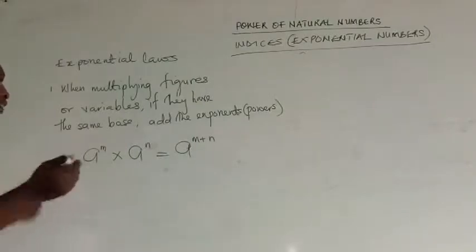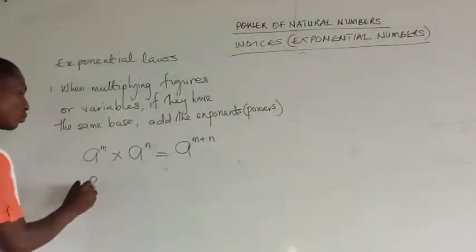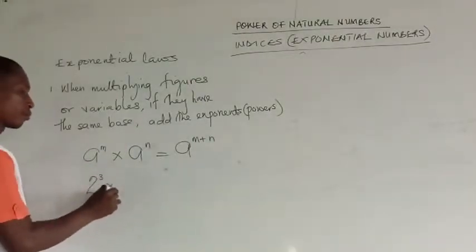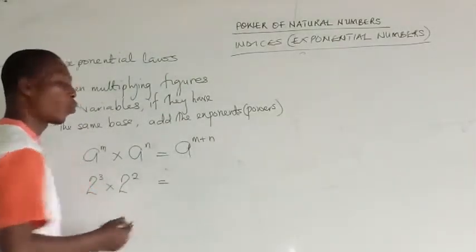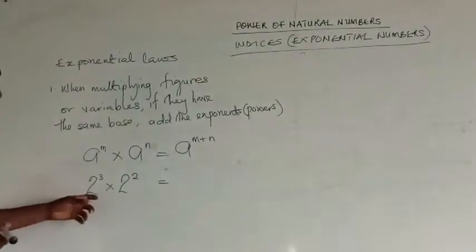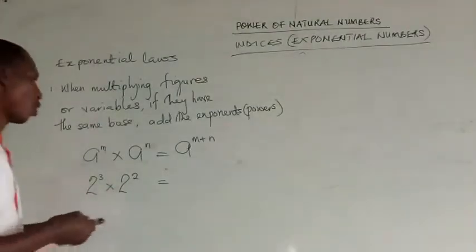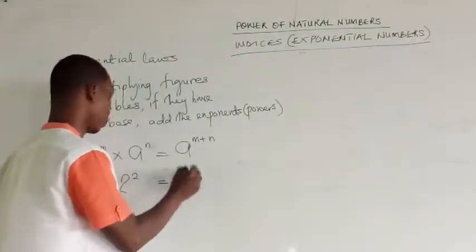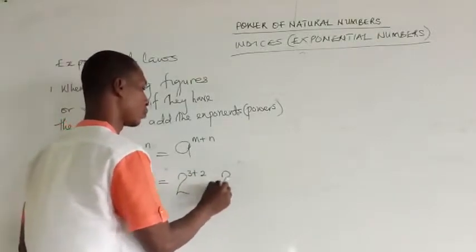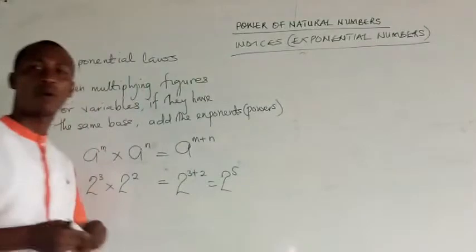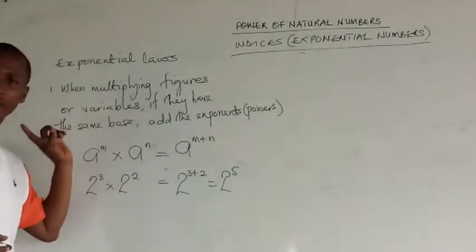For instance, if I've got 2 to the power 3 times 2 squared, what do we see? Because of equal base, we will have 2 to the power 5. The bases are the same.